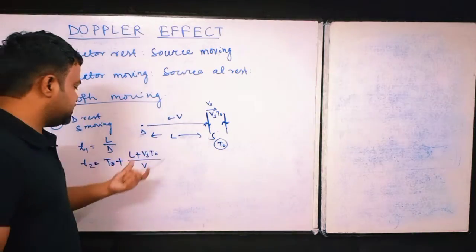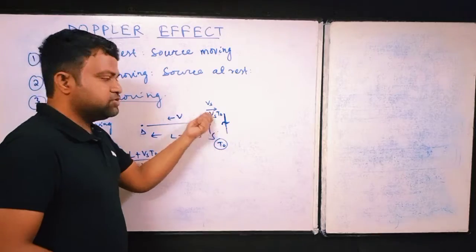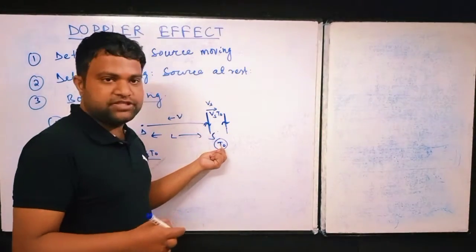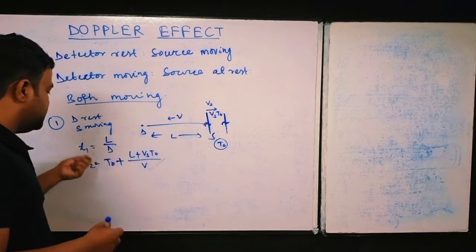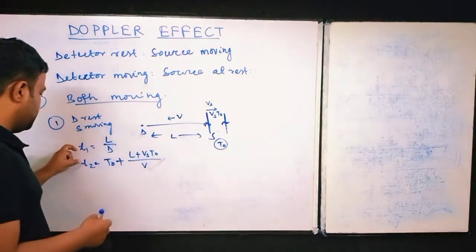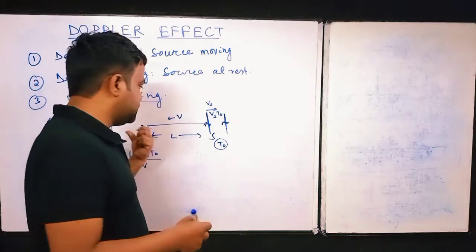The source is producing waves after each t0, that means its time period is t0, right? But the detector is getting the waves at interval t2 minus t1, and that is the time period for the detector.